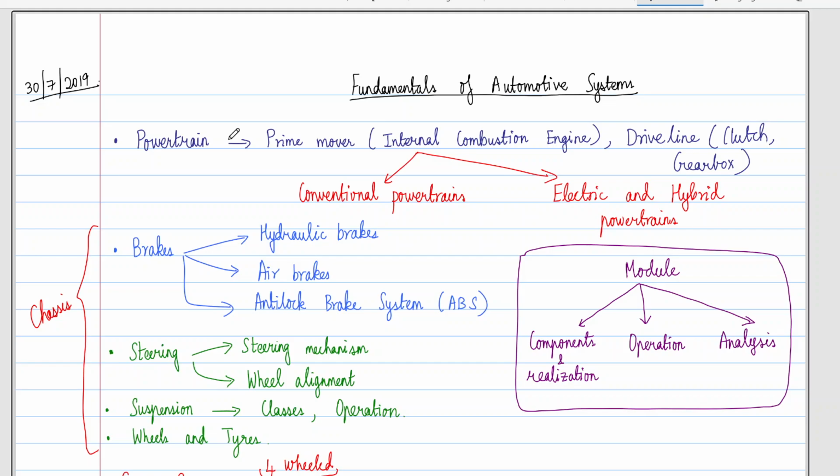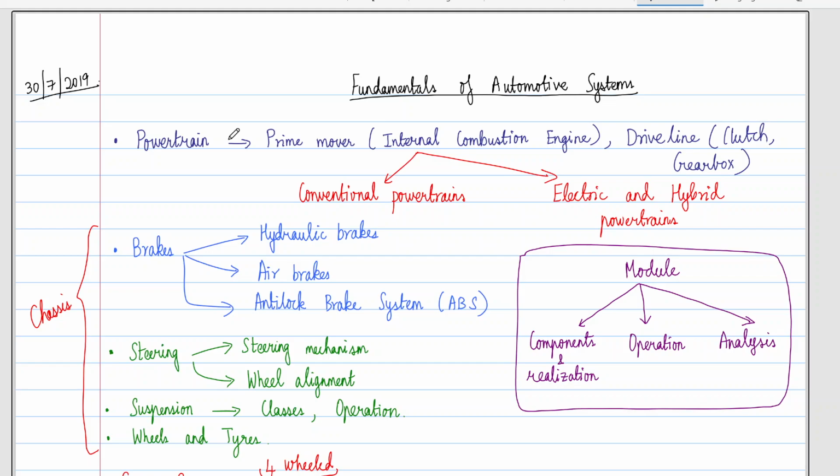In conventional powertrains, we are using an internal combustion engine, which works on fuel like petrol or diesel. On the other hand, we have electric powertrains and hybrid powertrains, which use a mix and match of all these. In an electric powertrain, we will have components like inverters, batteries, and the electric motor, which will be driving the wheels.